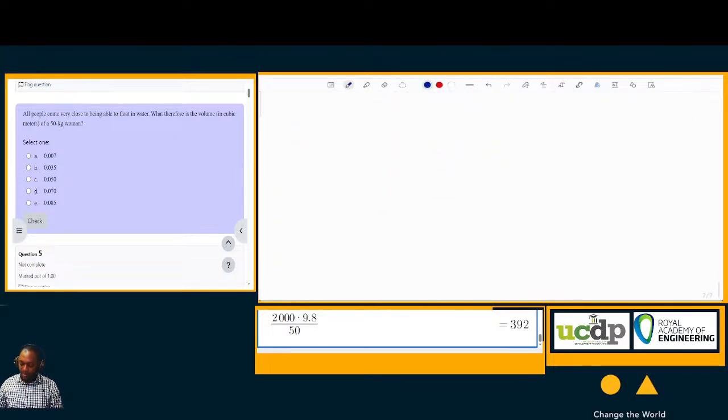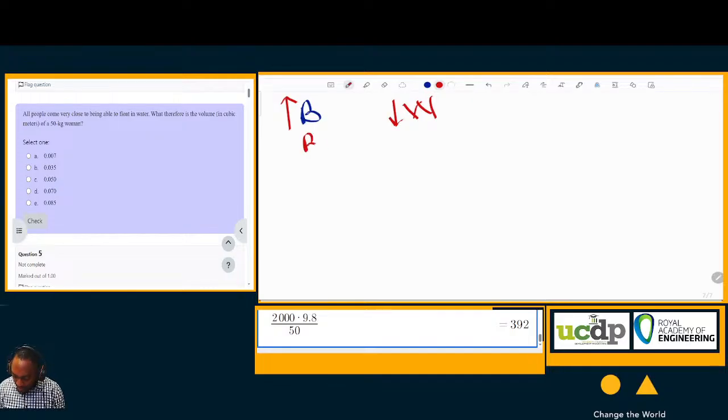Okay, so we've been given some parameters there. Obviously, if they are to float on water, you have two forces acting there. You've got your buoyancy, and you've got your weight going downwards.